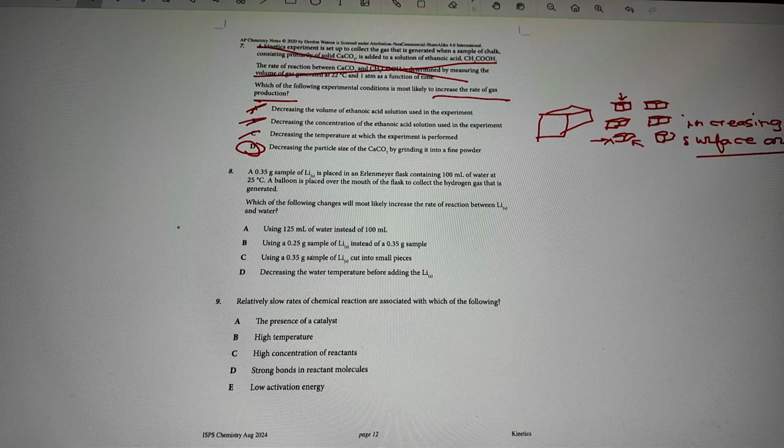A 0.35 sample of lithium is placed in an Erlenmeyer flask containing 100 milliliters of water at 25 degrees Celsius. A balloon is placed over the mouth of the flask to collect the hydrogen that is being generated. Which of the following would increase the reaction rate between Li and water?